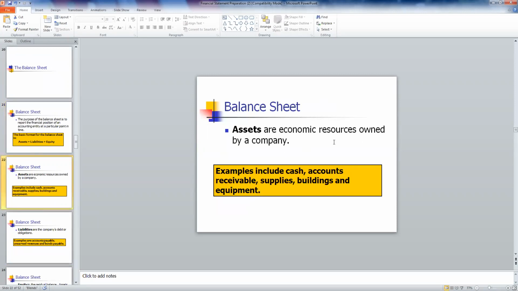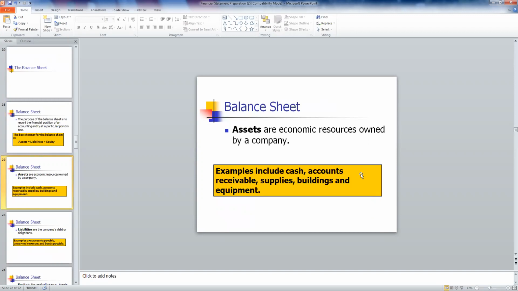So assets are economic resources owned by a company. So here are some examples. Cash, everybody knows what cash is. Accounts receivable, we haven't really explored the balance sheet yet, so when we get to that, we'll talk about what that means. But it's basically money that my customers owe me. I can have some supplies that I'm going to be using over a period of time.